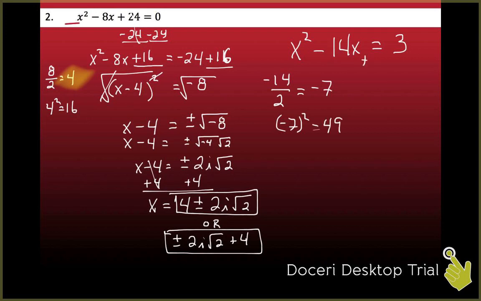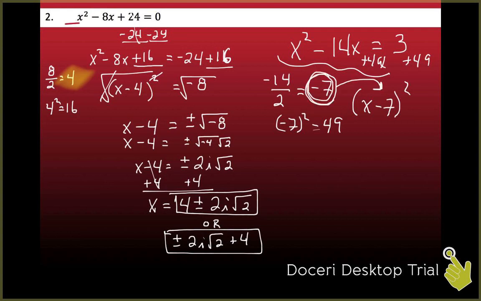So you're going to add 49 to both sides. But the important part is when you factor this left side now, I can tell you right away that it's going to be x minus 7 squared because I figured out what this was right here. That number is what goes on the second piece here every single time.